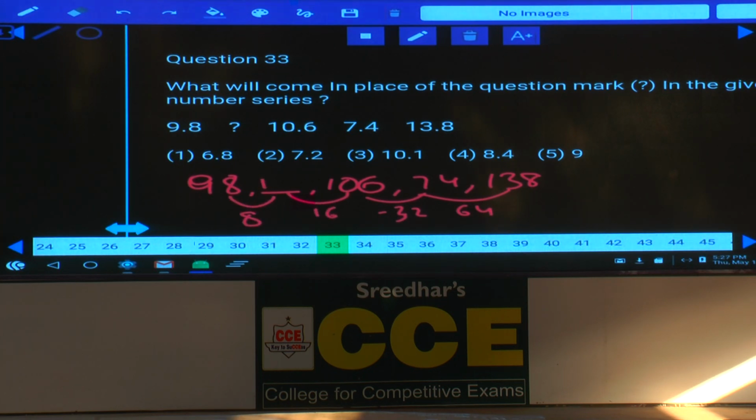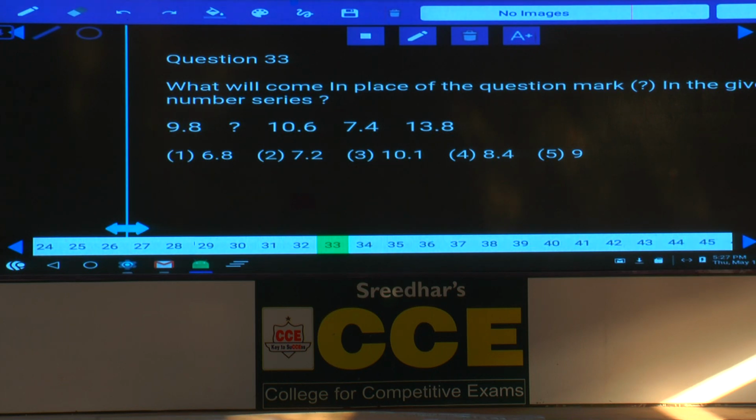98 plus 8 is how much? 106. 98 plus 8, 106, isn't it? Now 64 divided by 2 is 32, 32 divided by 2 is 16, 16 divided by 2 is 8.